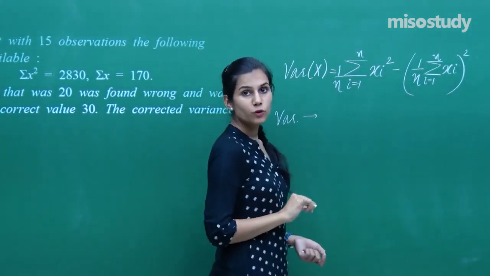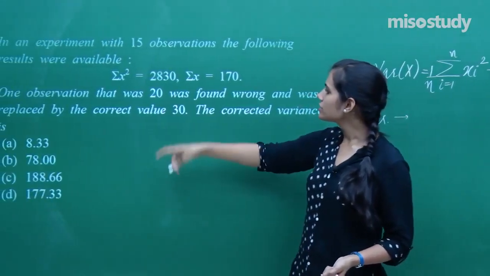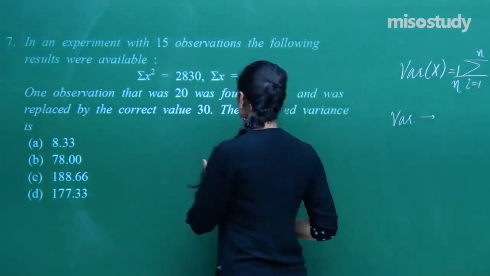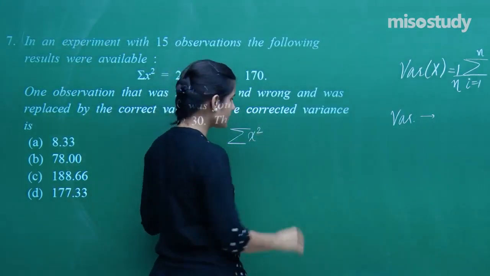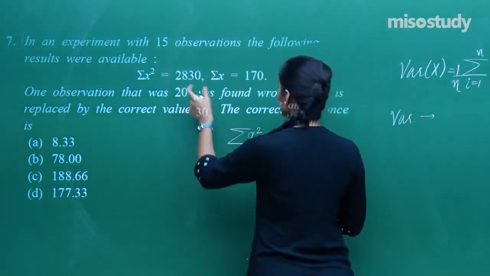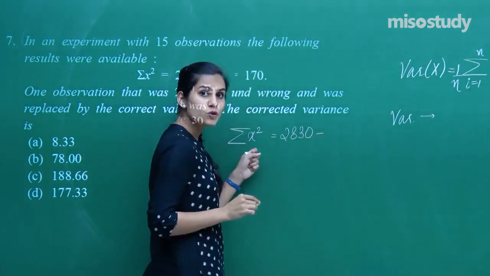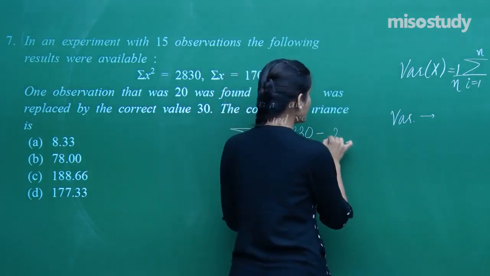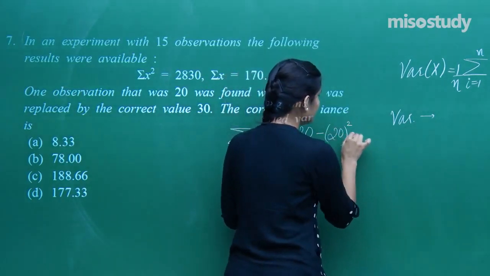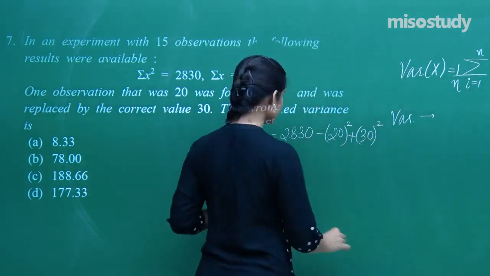Now 20 was found to be wrong and was replaced by 30. So now the sum of square of all the observations will be 2830. Now here the square of every observation is kept, but 20 is the wrong observation, so 20 square will be removed. 30 is the right observation, so 30 square will be included.